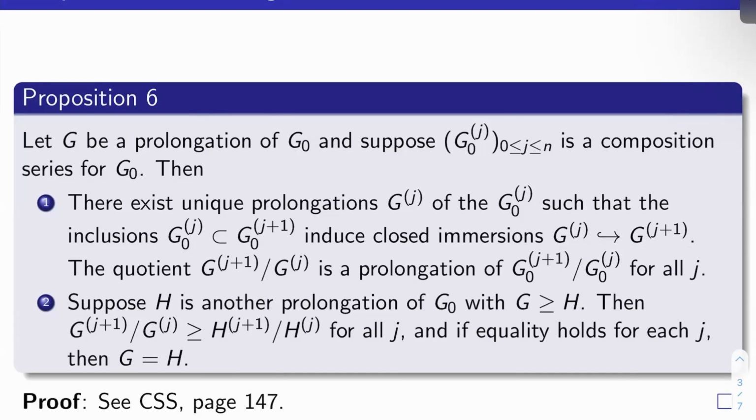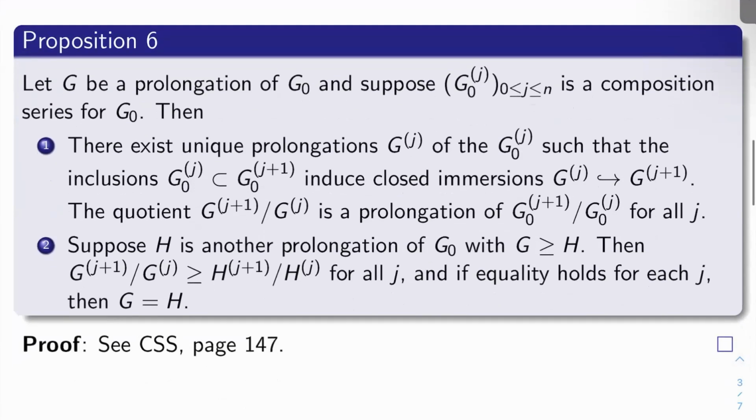And then quotients and prolongations play well with each other. The quotients of the prolongations given by G to the J plus 1 mod G to the J are prolongations of the quotients of group schemes G to the J plus 1 sub 0 mod G to the J sub 0 for all J. And so the quotient of the prolongations is a prolongation of the quotient, in other words.